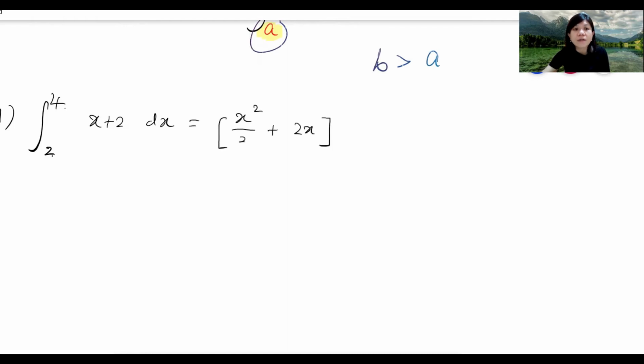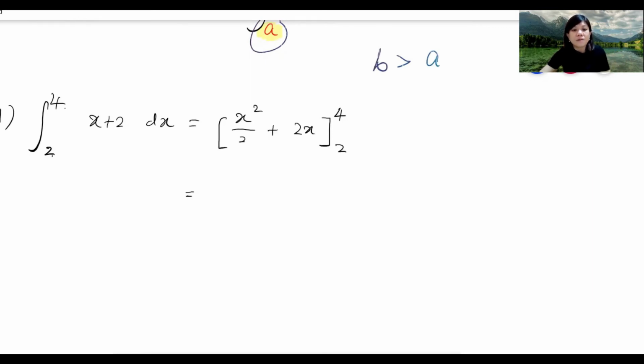Again, if you've forgotten how to do the integration, please watch back my video of integration part 1. Put the upper limit and the lower limit at the end of the square bracket. What we're going to do is substitute both the 4 and 2 into the integrated part, and then subtract the values.